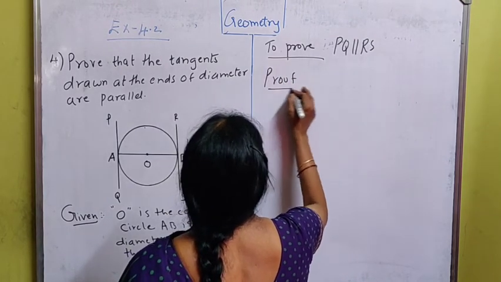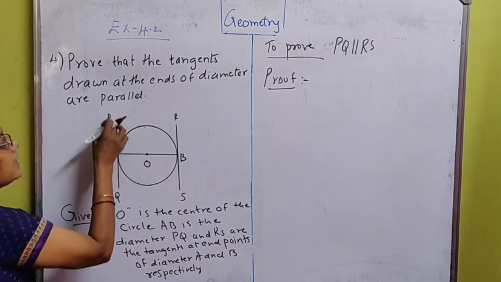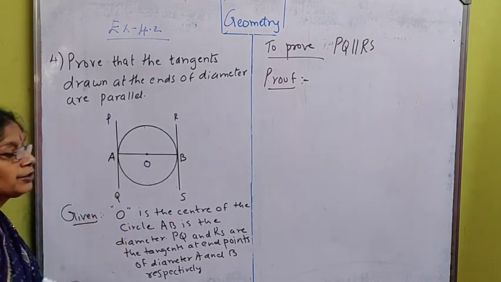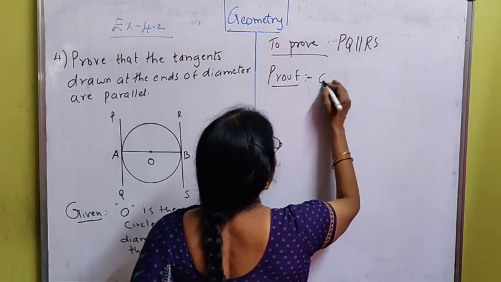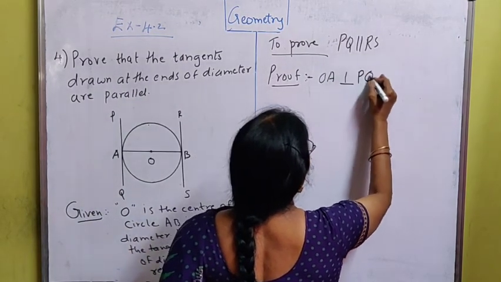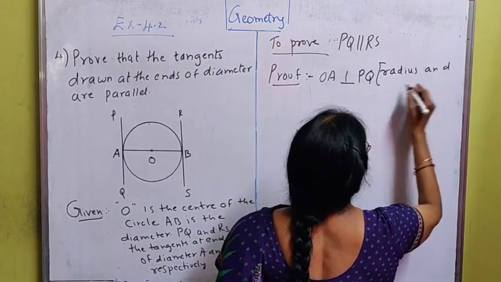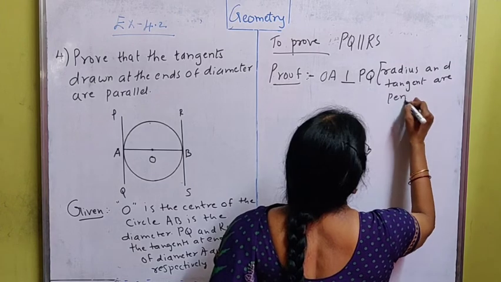Proof. Now we know that OA is the radius and PQ is the tangent. So angle OAP and angle OAQ will become 90 degree, because OA is perpendicular to PQ. That we know, radius and the tangent are perpendicular. Reason is radius and tangent are perpendicular.